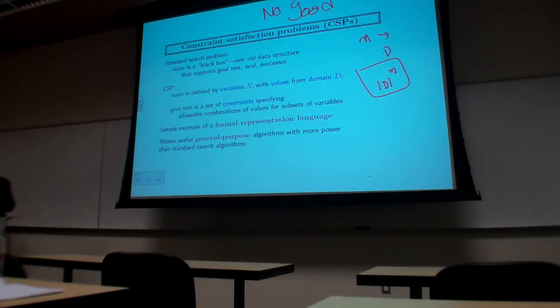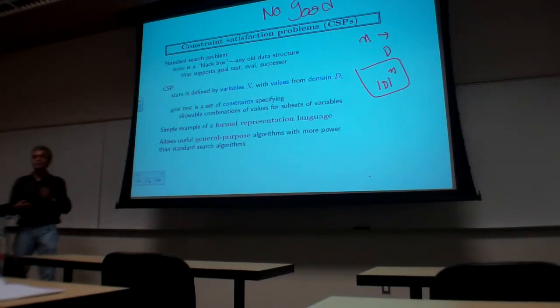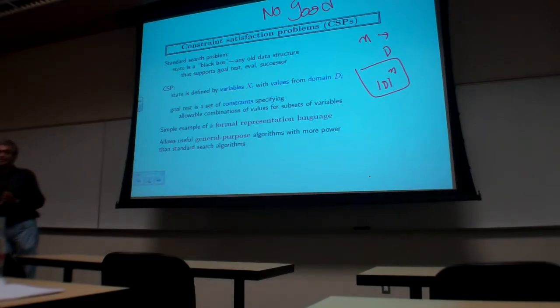Whether the CSP is easy or hard to solve depends on how many assignments actually satisfy all the constraints. For now, I assume that I'm only interested in finding assignments that satisfy all the constraints.